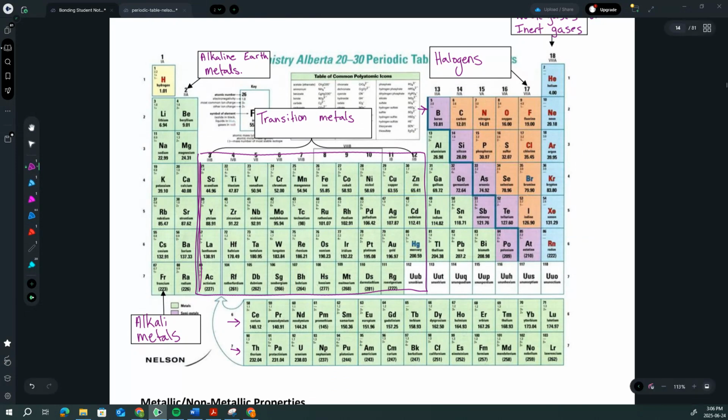But what we could also say, that's a true statement, that aligns a little bit more with how it gets more reactive, is for nonmetals, as we move up the group, you are going to get more reactive nonmetals. And also, as you move to the right for specifically nonmetals, they get more reactive.